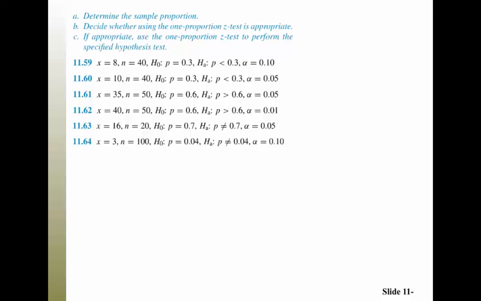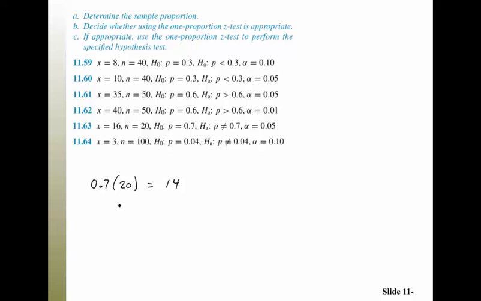Hypothetically, we're going to test against a null hypothesis that the population proportion is 0.7. So to see if the test is appropriate or not, we're going to take 0.7 of 20. And what's that? It's 14. So that's our hypothetical value of x.